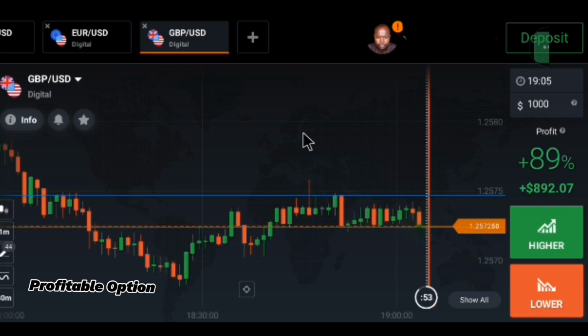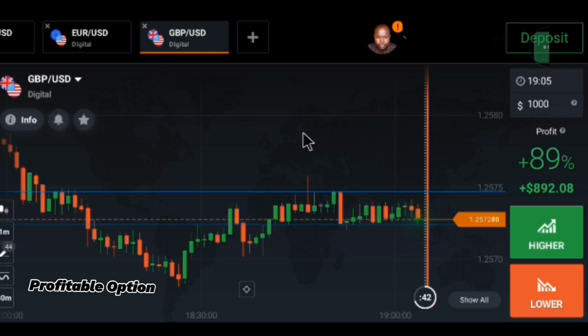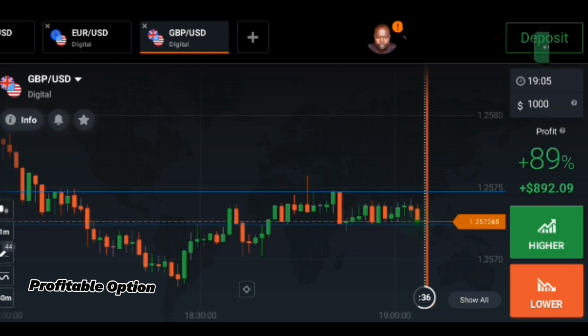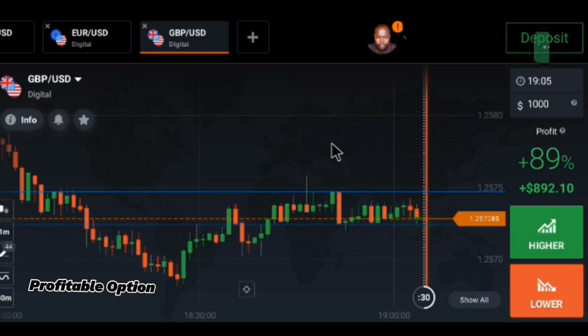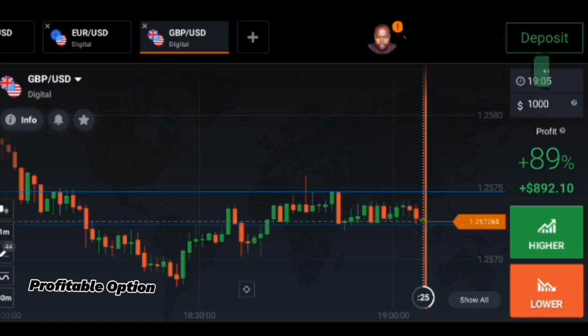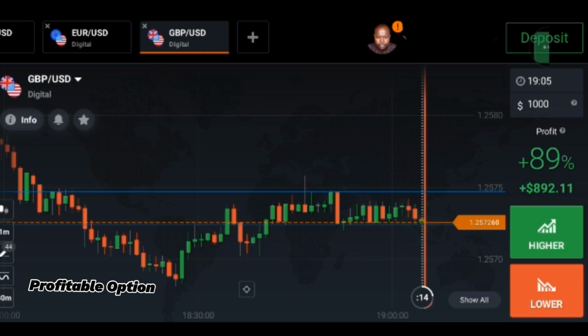But if you want to use indicators, you are at liberty to use whichever indicators you want. Indicators work for whoever wants to use them if you know how to use them. But as for me, I'm comfortable with using the horizontal line along with price action around support and resistance zones.